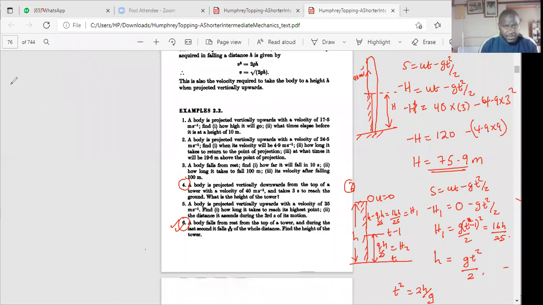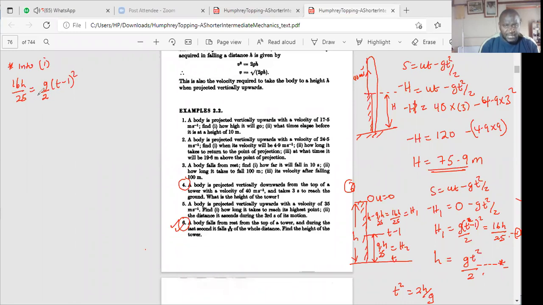Now, because we have already seen h1 is 16, you can first substitute for h. If I've seen that this is h with equation star, and this can be Roman 1, if I put star into Roman 1, I'll have 16h over 25 is equal to g out of 2 into t minus 1 squared.